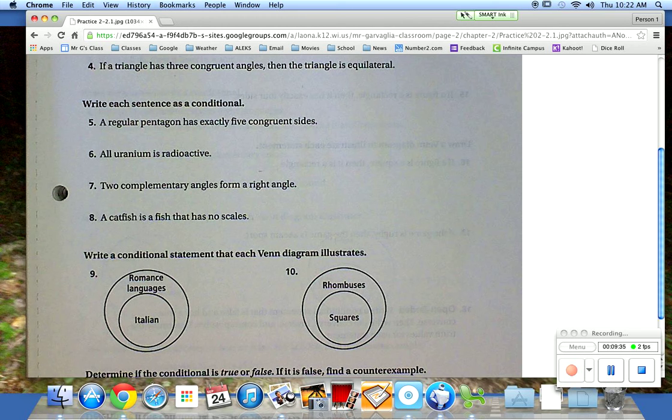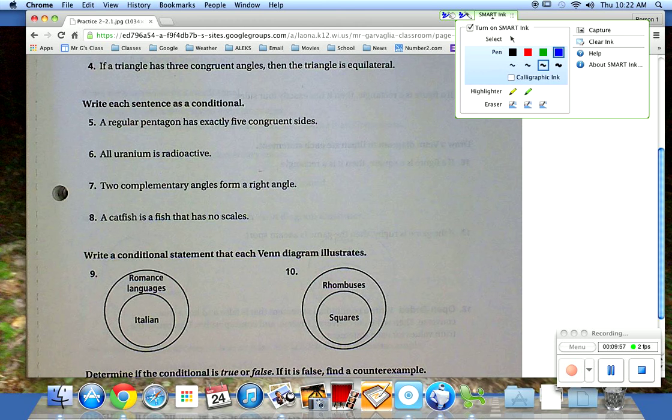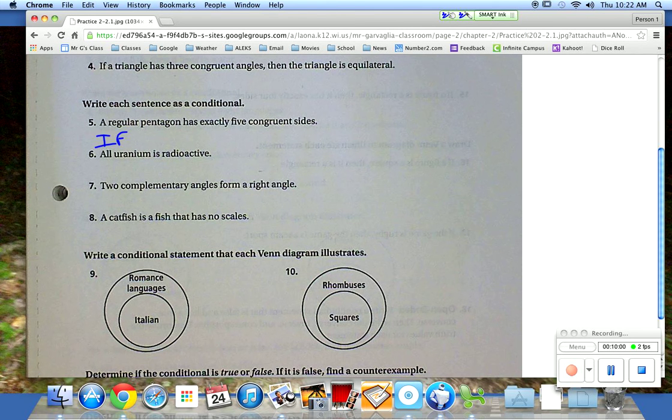A conditional statement: a regular pentagon has exactly 5 congruent sides. If a regular pentagon has 5 congruent sides, then it is a regular pentagon. Let me write it out here. Conditional means if-then.